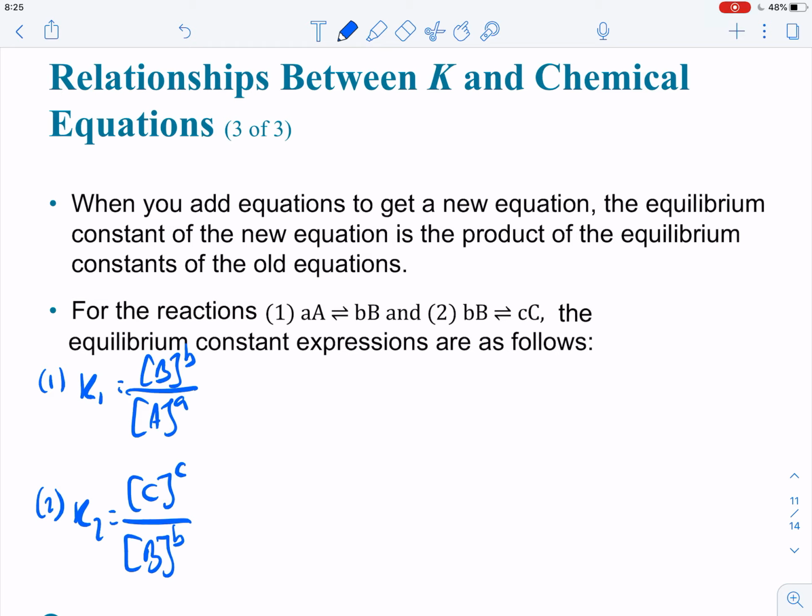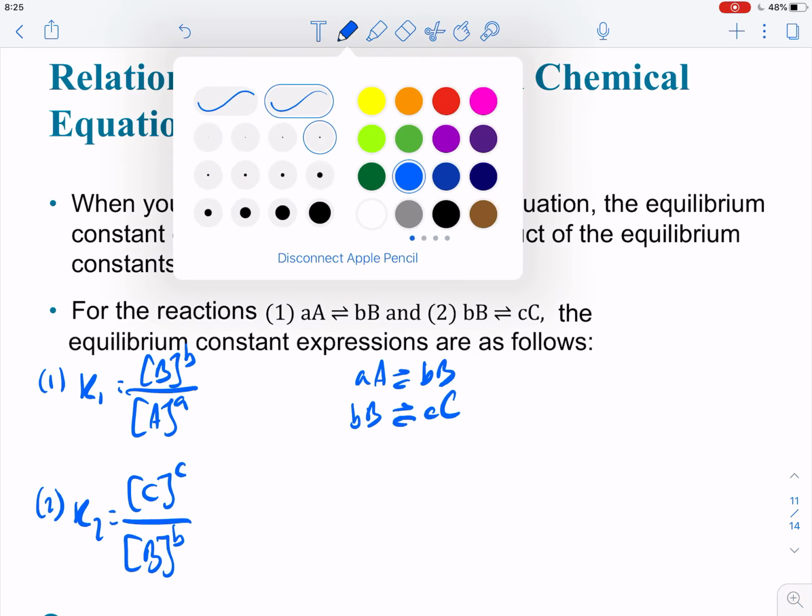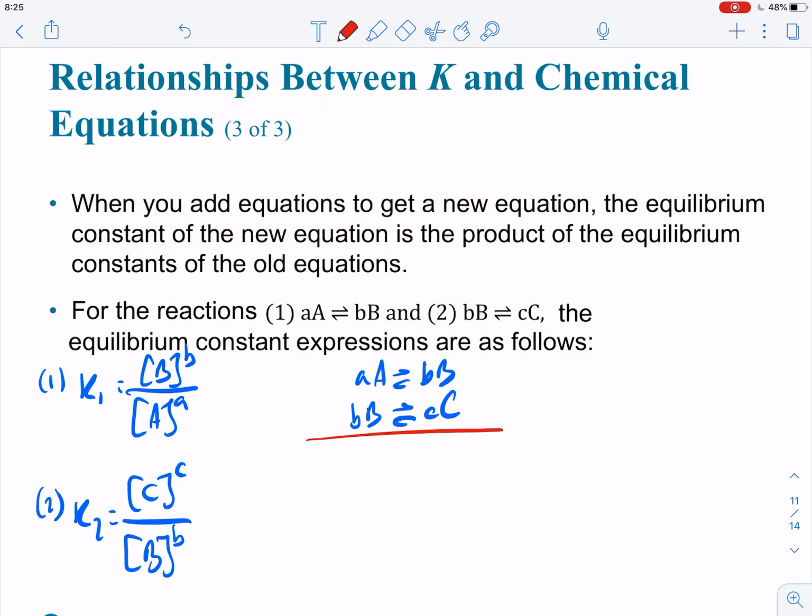But guess what? If we take these two equations, A goes to B, and then B goes to C, and I add them together, B is gone.